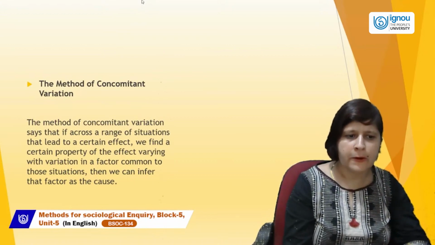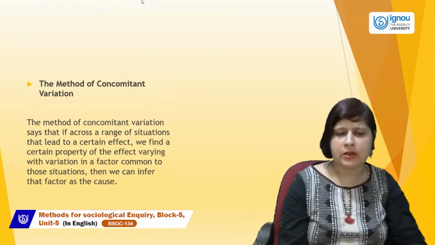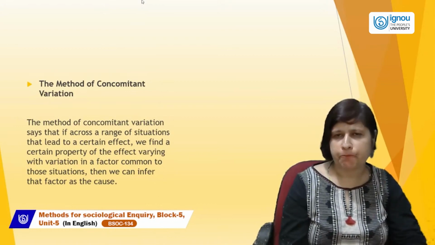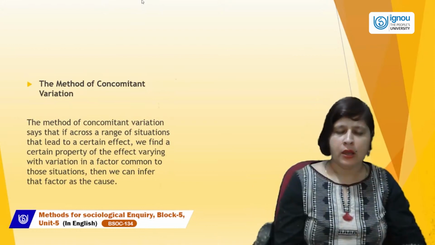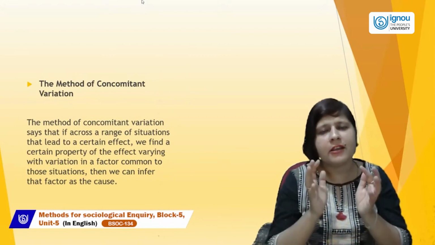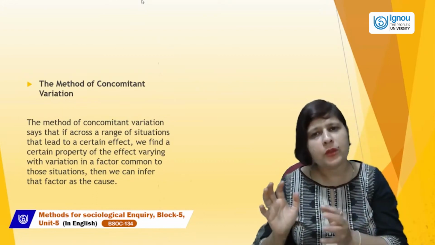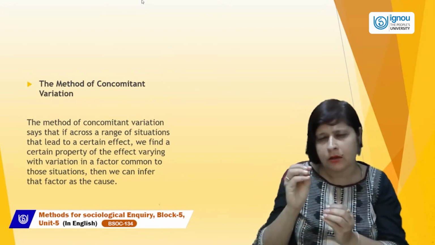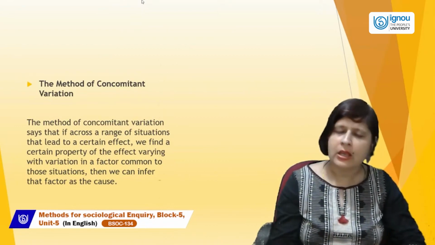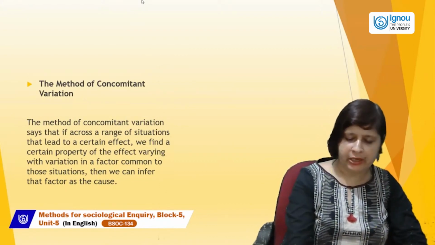If we study across a range of situations that lead to a certain effect, and we find a certain property of the effect varying with variation in a factor common to those situations, with low variation or in some cases a great variation, then there is a concomitant variation, and we can infer that factor as the cause.